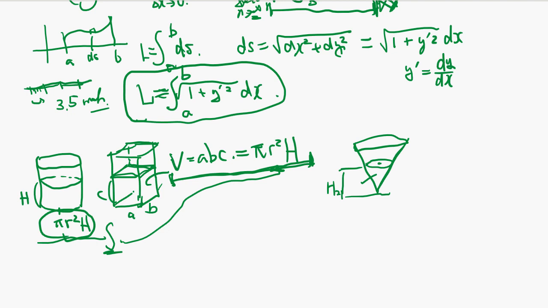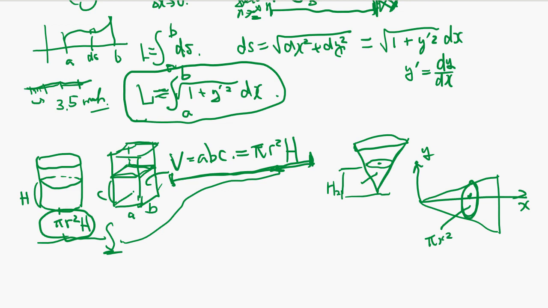So how do you calculate this volume? You put the cone this way and take this disk, right? And the disk area is pi x square if this is point x.